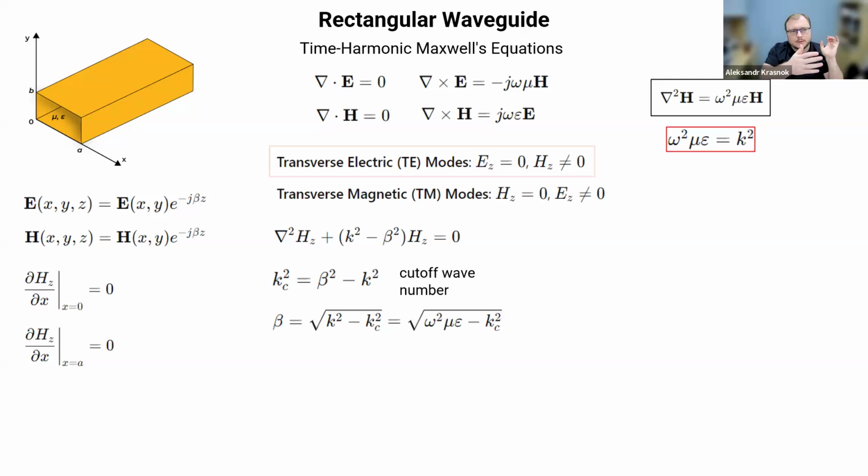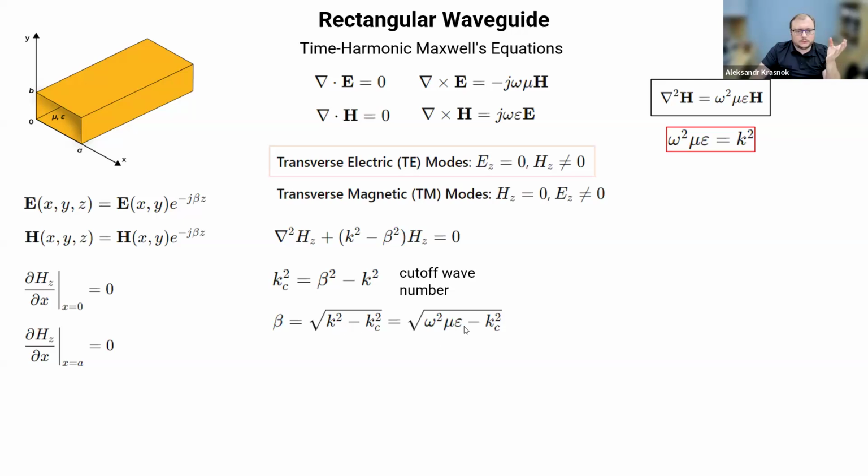So it's a propagating sinusoidal field. However, if beta is imaginary, then this imaginary unit goes away, and this function will be exponentially decaying. So it's not a propagating field, right? So a waveguiding mode is a mode with real valued beta.